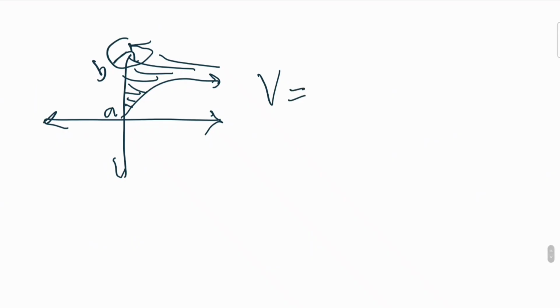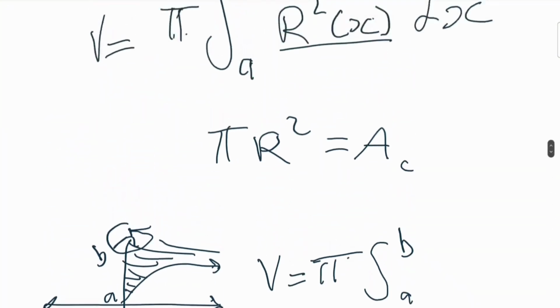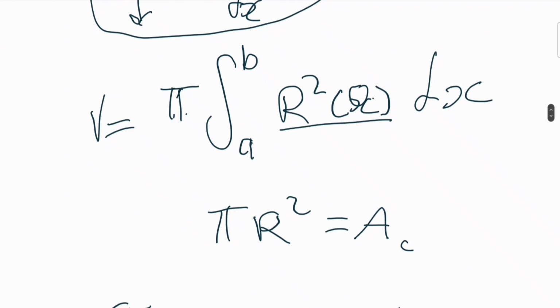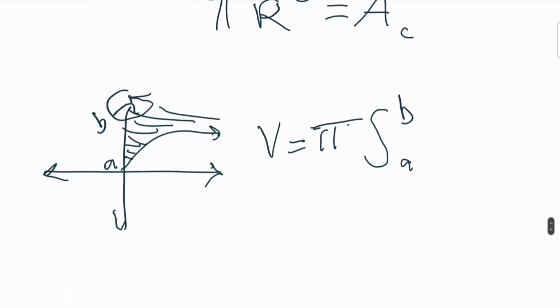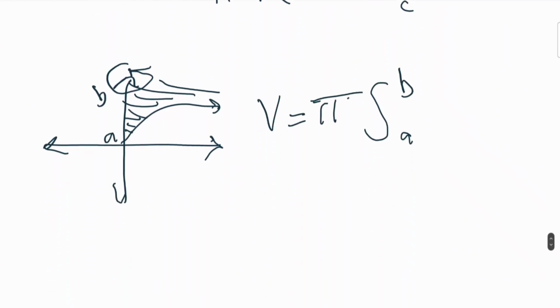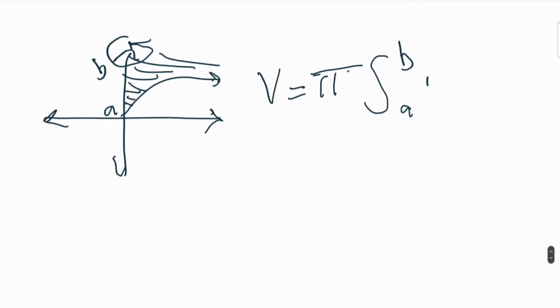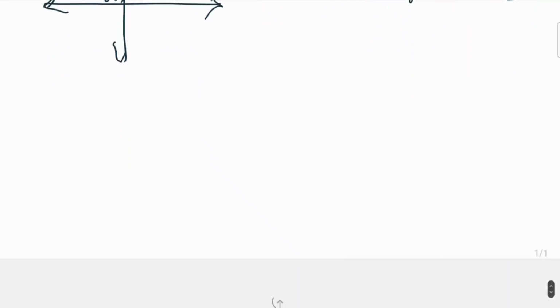V, the volume of the solid, is going to equal pi integral a to b, but it is going to change the x variable here to a y, as we are integrating on the y-axis. And then dy, as it's in respect to y.